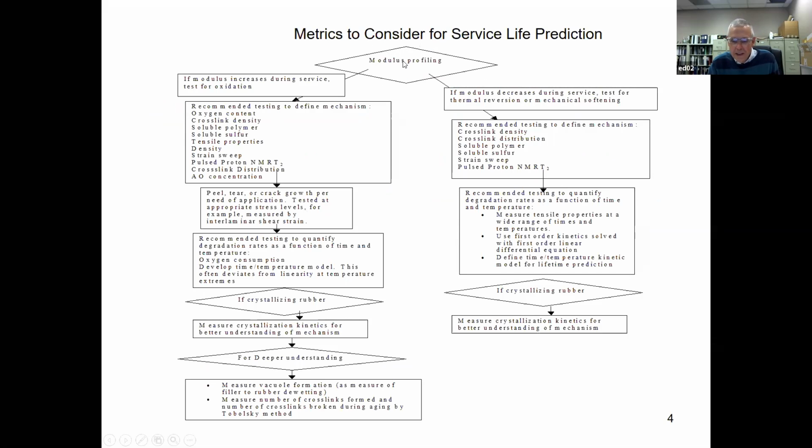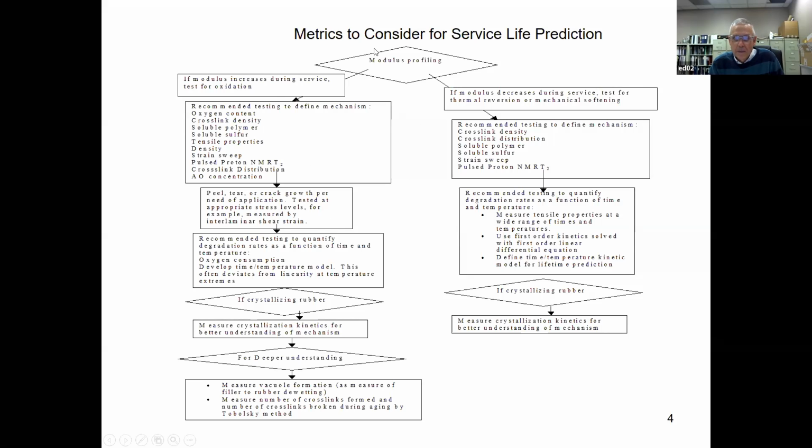Ideally, you'd like to get a new part and a part from service, like 3-year, 4-year, 5-year of a part after service. They're not easy to obtain. And the way I think about it is shown schematically here.